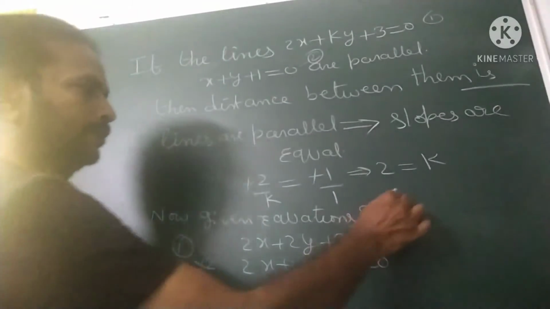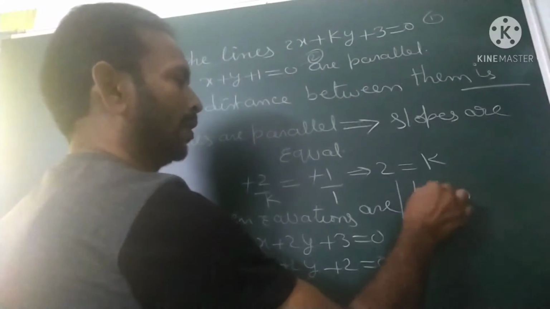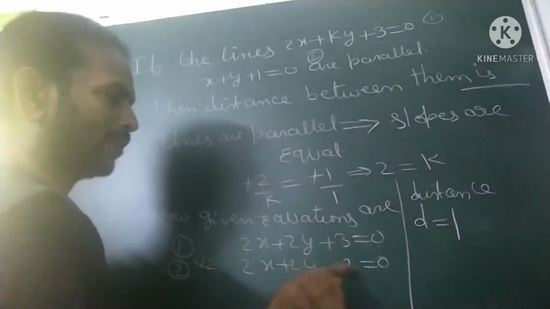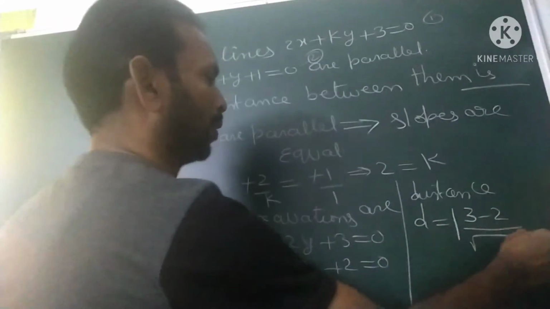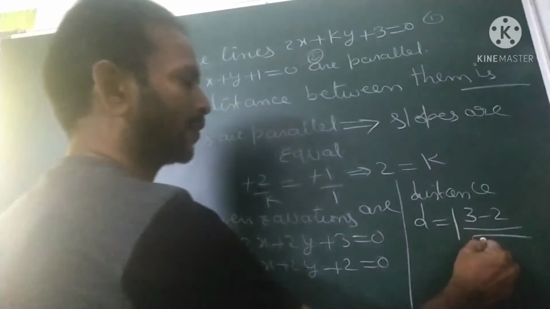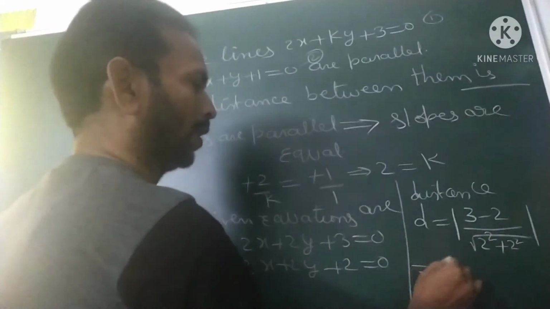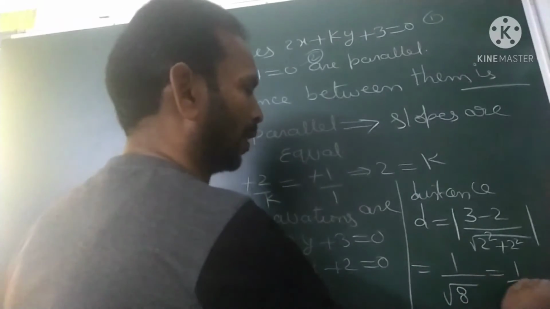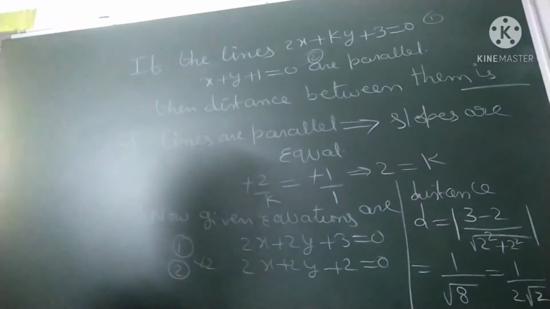Now distance d is equal to c1 minus c2 by root of a square plus b square, 2 square plus 2 square, 1 by root 8, that means 1 by 2 root 2.